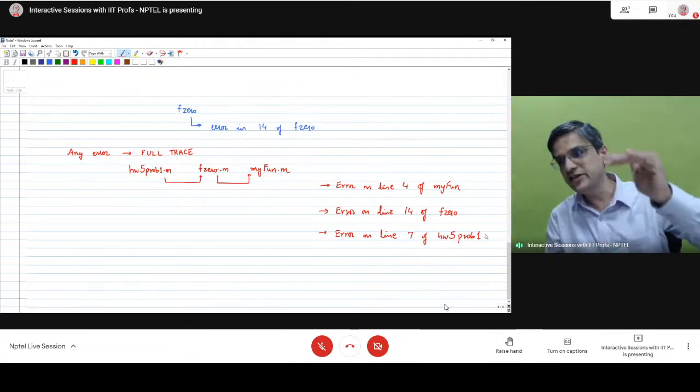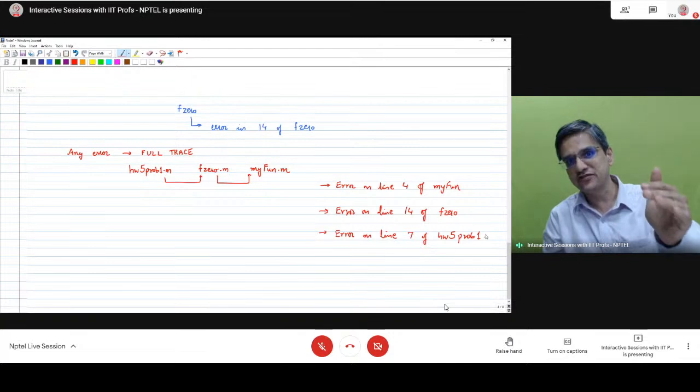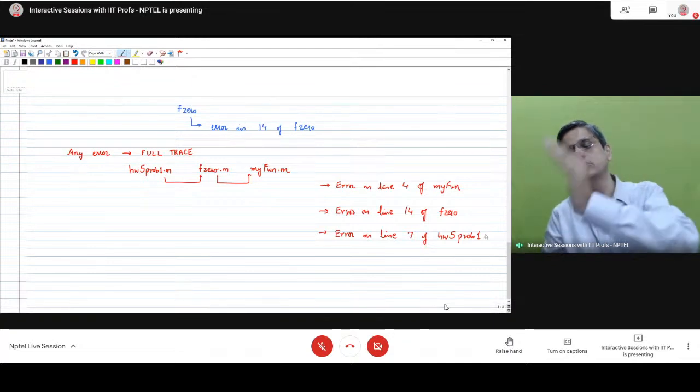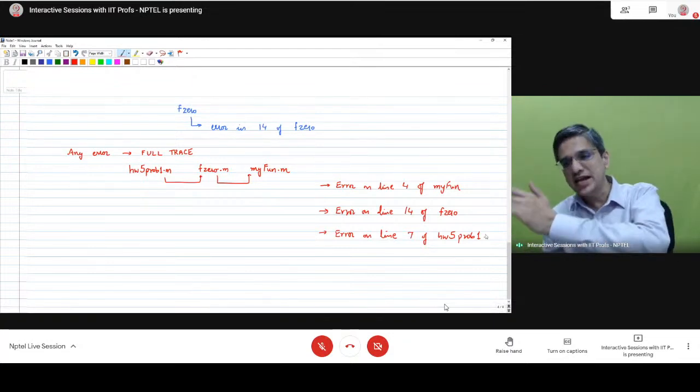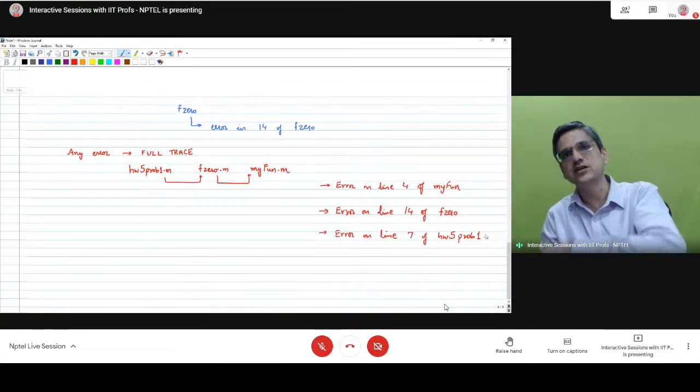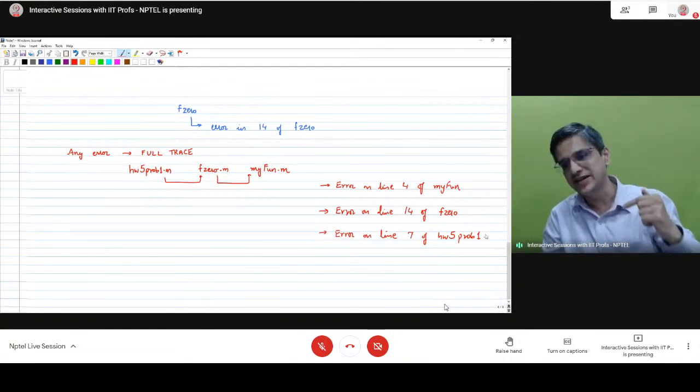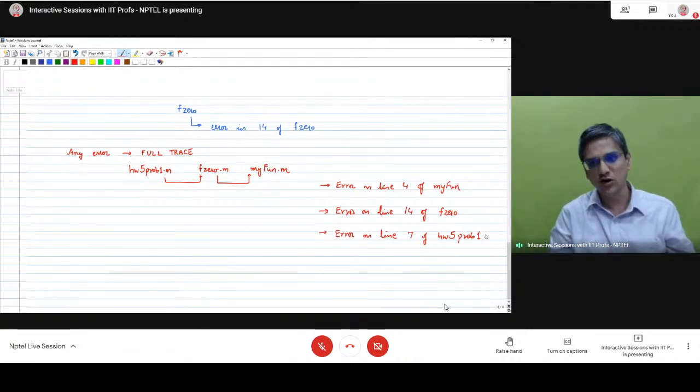It has the full trace. On line number 7 of HW5 prob 1, you have called F0. On line 14 of F0, you have called myfun. In line 4 of myfun, you found that error. So the error is in line 4 of myfun, which was called by line 14 of F0, which was in turn called by line 7 of HW5 prob 1.